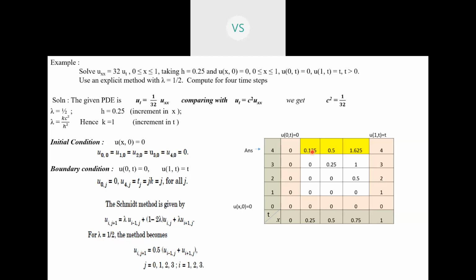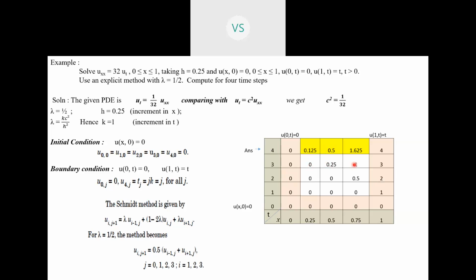So now at this point we have to find the value at t equal to 4 seconds. For finding this nodal value, this is your left term and this is your right term. So 0 plus 0.25, it is 0.25 into 0.5, it becomes 0.125. Now here, left term is 0, right term is 1.